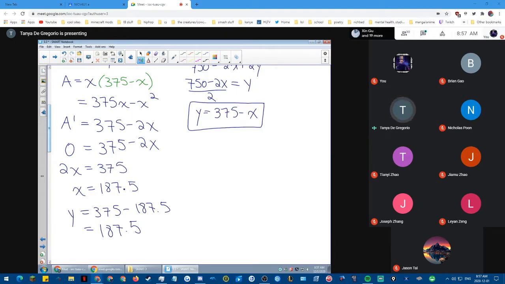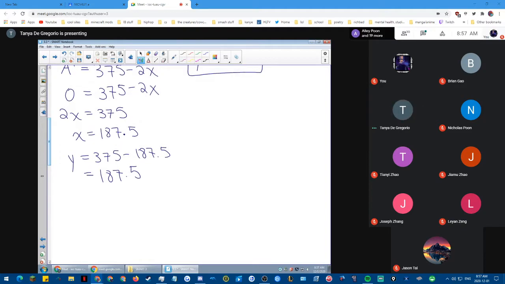What if you want the smallest perimeter of a rectangle? What shape will you get? Also a square. Okay? So maximum area, square. Minimal perimeter, square. Okay, so now all we need is a statement. We're done.